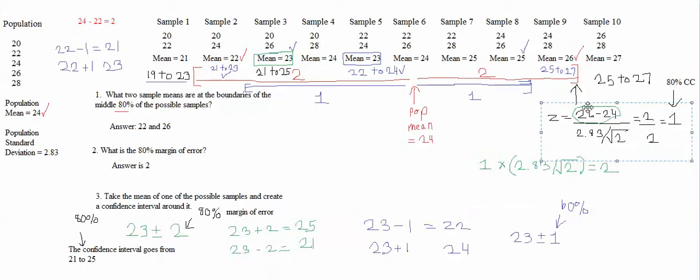One actually is the z-score that we found, because all of this came out to 1. We said it was the confidence coefficient because it was the z-score of sample 9 at the upper boundary of the middle 80%.